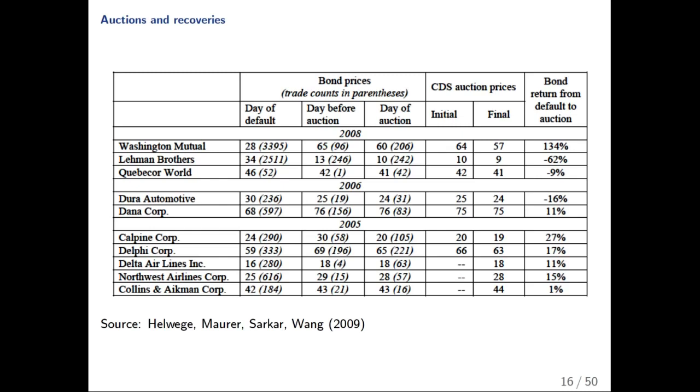For CDS auctions, the auction price essentially did not change from the initial price to the final price. So they argue in this paper that auctions are a very efficient way of determining price discovery. If you allow people to trade in auctions, the prices of bonds are very quickly determined by the market. And so it becomes a very efficient way for bonds to retrade.